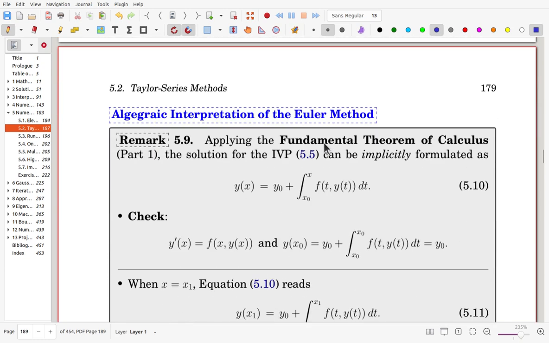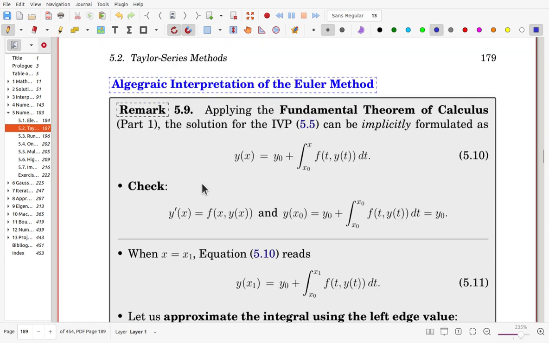Okay. Here we have an algebraic interpretation of the Euler method. By using the fundamental theorem of calculus, in fact part 1, the solution for the initial value problem can be implicitly formulated as in this equation: y at x is y0 plus the integral from x0 to x of f of t, y of t, dt.